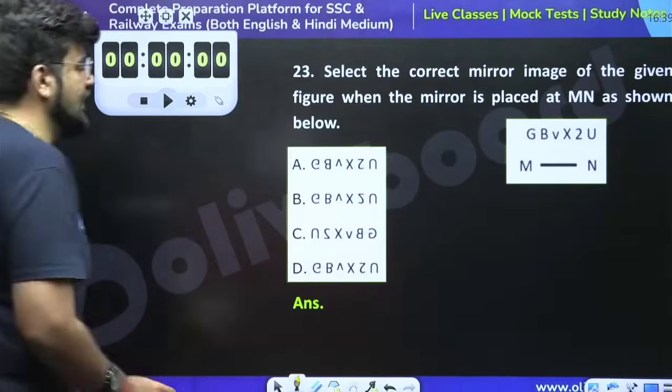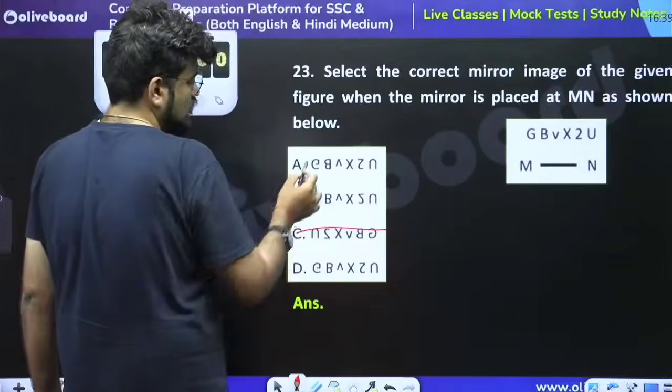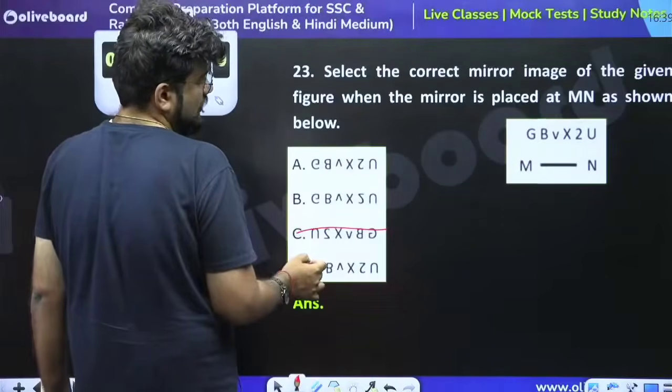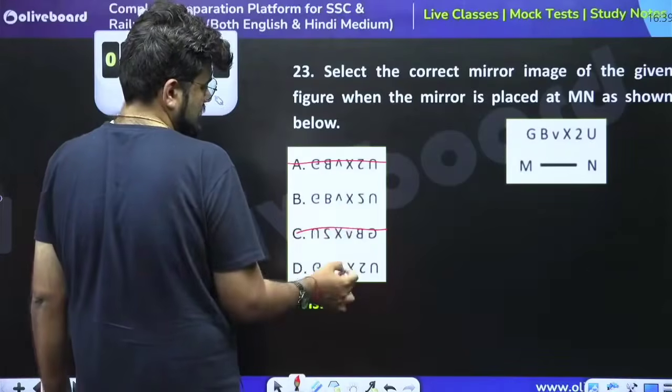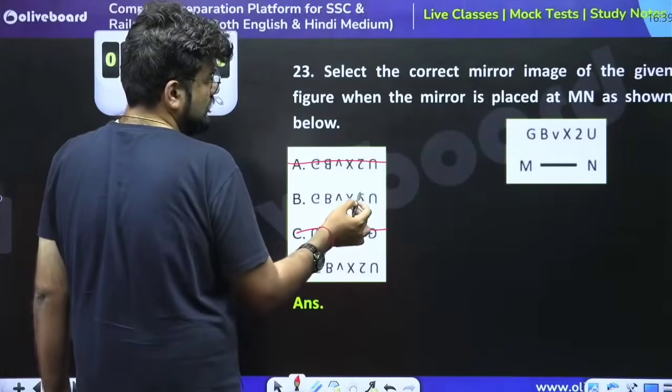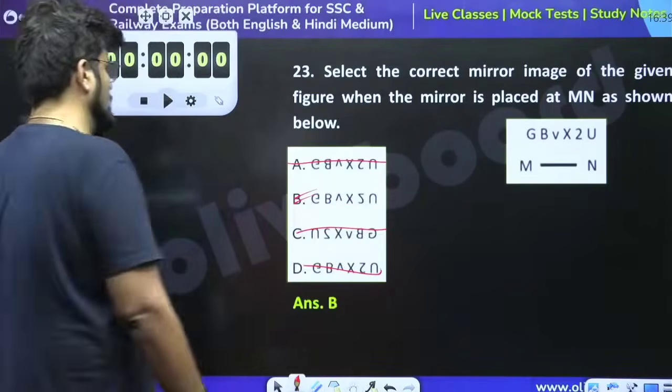Option C is definitely cancelled right away. So let's not even bother to check that. Now G, the water image is same. For B, this is a flipped water image. So these two are same, V is same, X is same. For 2, if you see, this is the correct water image, not this. So this is also gone. Option B is the right answer. Next.